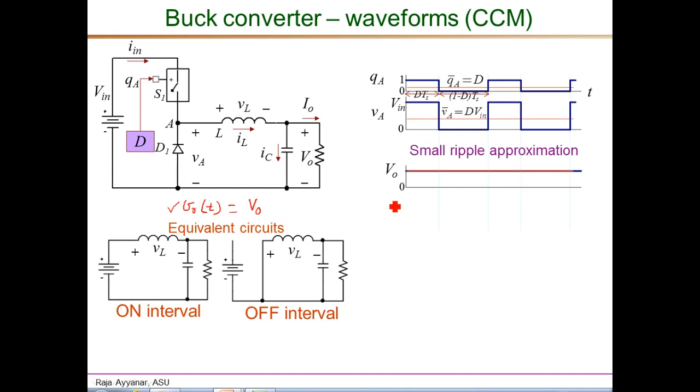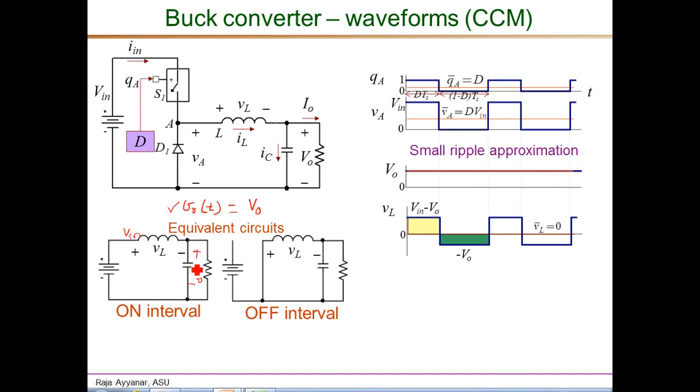Let's use this small ripple approximation first to draw the inductor voltage waveform V sub L. So during the on interval we can use the first equivalent circuit shown here. We want V sub L. The left end is connected to Vin, so this end is Vin, and the other end is the VO voltage, and here is where we apply the small ripple approximation.